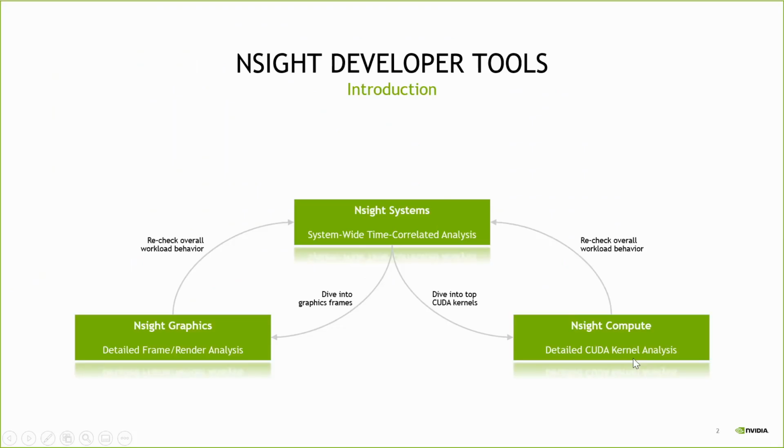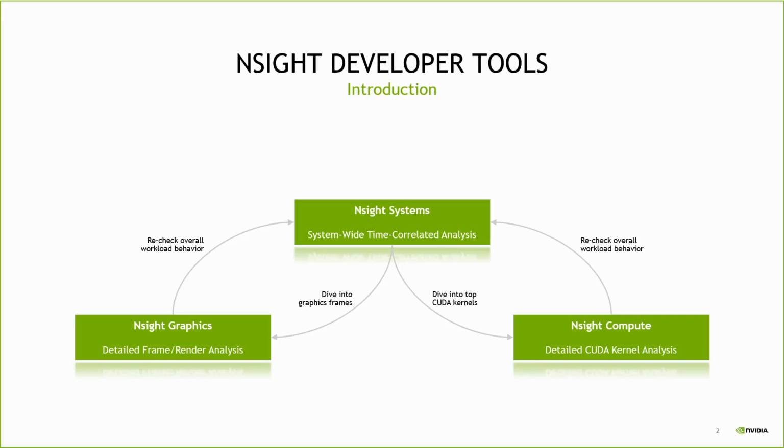To start, I would like to quickly go over the Nsight developer tools. We offer three different tools: Nsight Systems, Nsight Graphics, and Nsight Compute. Nsight Systems is your system-wide data collector that creates the timeline where you see time-correlated data from the whole system, which includes CPU information like thread information, core information, as well as API calls from various APIs that we support, CUDA, for example.